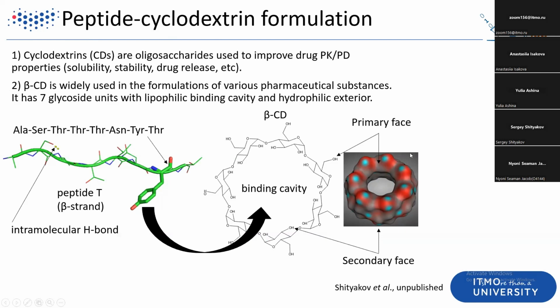And for this, we were using the beta-cyclodextrin. The beta-cyclodextrins are oligosaccharides. They are used to improve properties, stability, solubility, drug release, and so on. The beta-cyclodextrins are widely used in the formulation of various substances. They have 7 glycosidic units with a mildly lipophilic binding cavity and hydrophilic exterior.